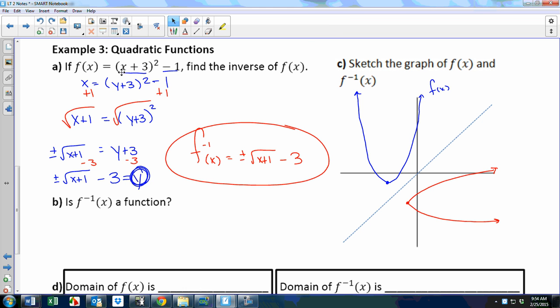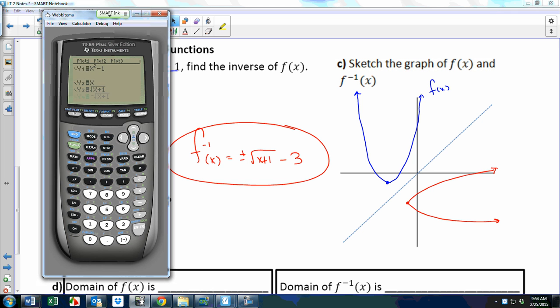You're welcome, again, to use it, but in using it, you have to type in quite a bit. X plus 3 squared minus 1. We'll leave the y equals x there. But then we'll have to graph the square root of x plus 1, right arrow, minus 3, and the negative square root of x plus 1, right arrow, minus 3.